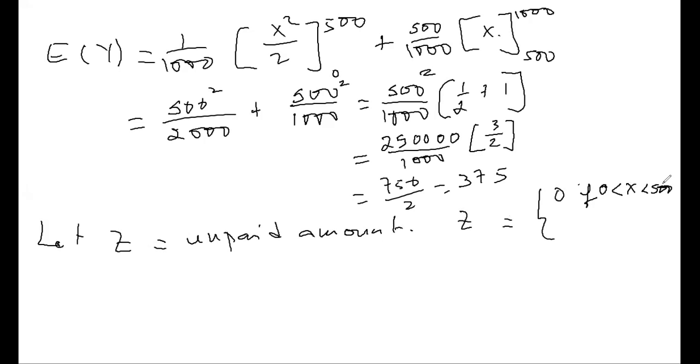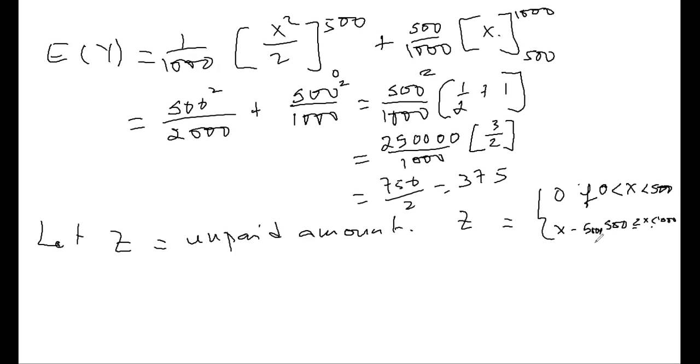If the loss is 500 or less, the whole amount will be paid, right? So the unpaid amount is 0. And if it is more than 500, the unpaid amount will be what? For 500 less than X less than 1,000. Do you understand what I'm saying here?